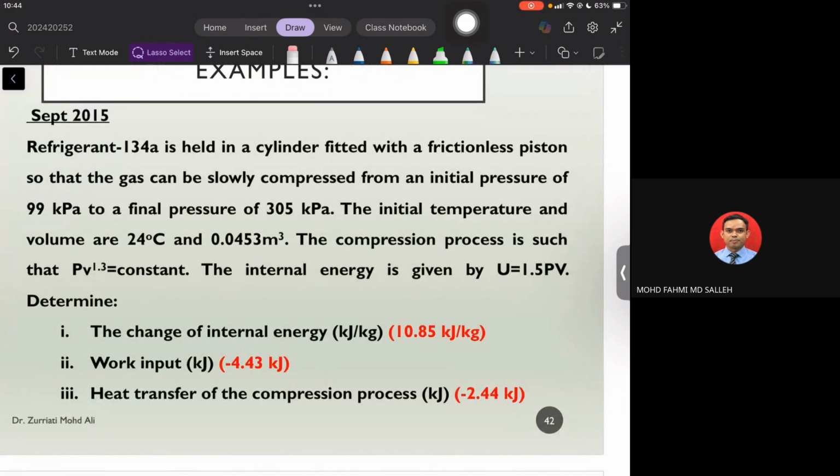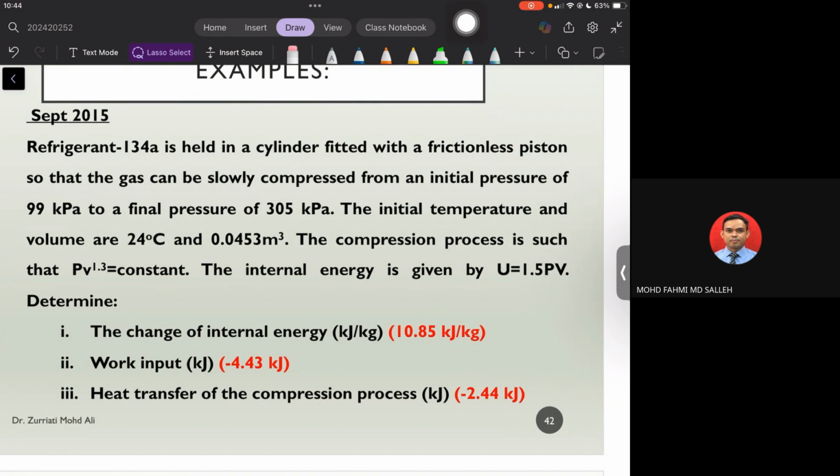So the question states that refrigerant R134A is held in a cylinder fitted with a frictionless piston so that the gas can be slowly compressed from an initial pressure of 99 kilopascal to a final pressure of 305 kilopascal. The initial temperature and volume are 24 degrees Celsius and 0.0453 meter cube.